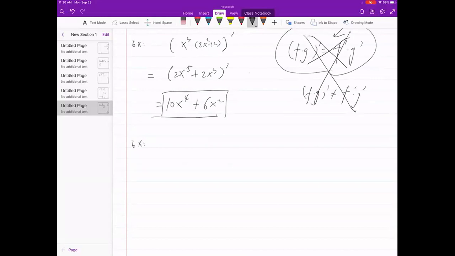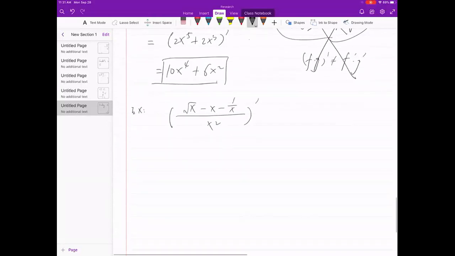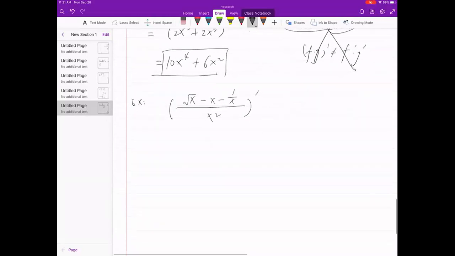Good, good, good. With that in mind, we have this question. Do you know the derivative of the bottom? Yes. Do you know the derivative of the top?